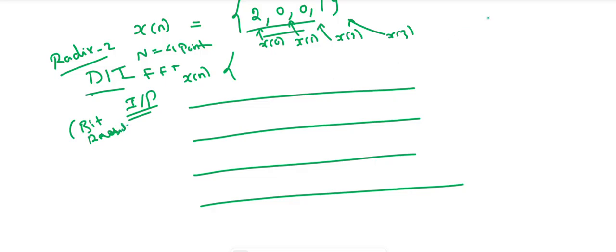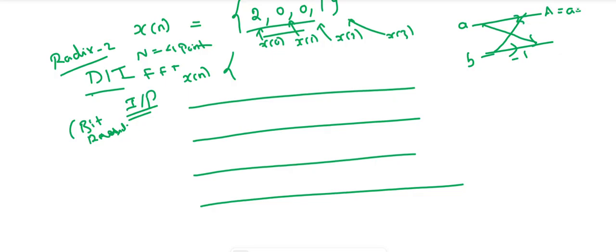For this, the basic computation takes two complex numbers a and b, and it produces two complex numbers.